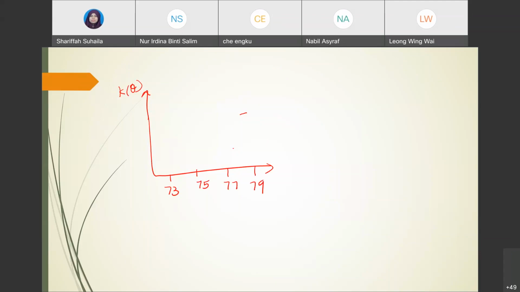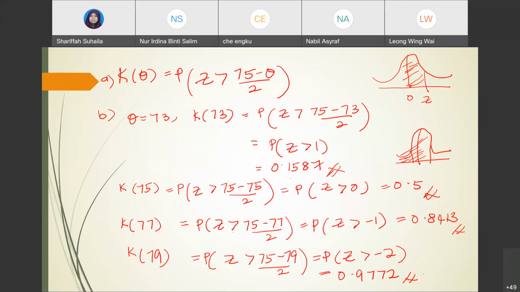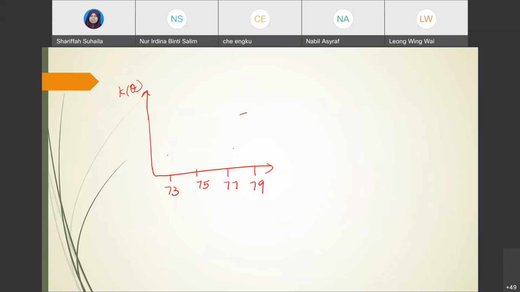At 73 we have 0.15, then it goes up here, then here, and the last one is higher still. So it goes upward. That is the power function of the test, K theta.